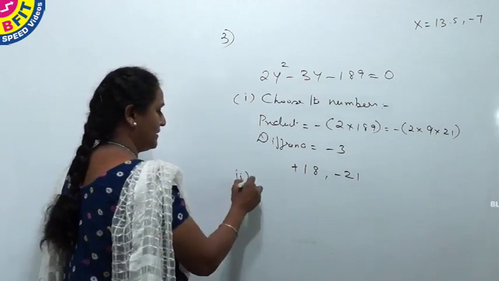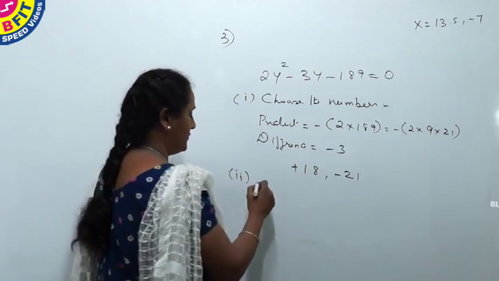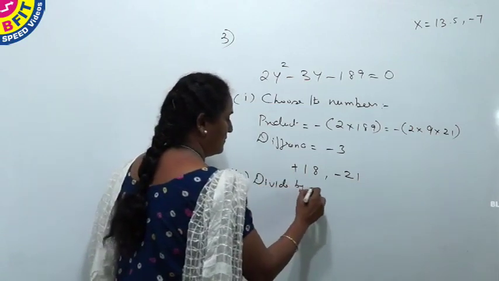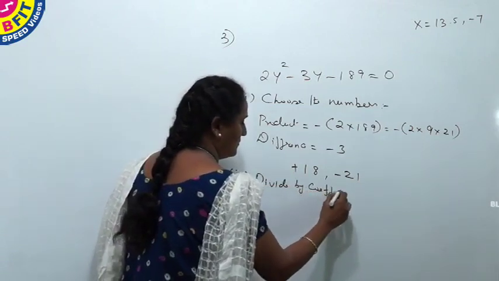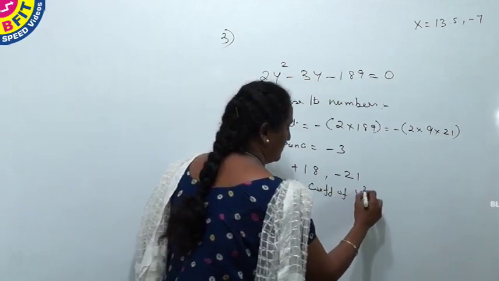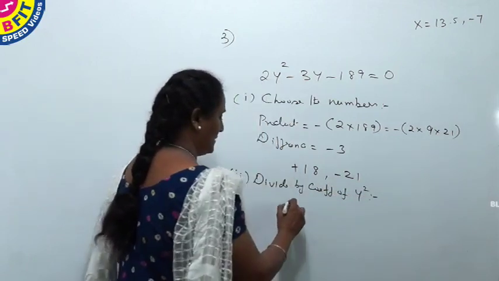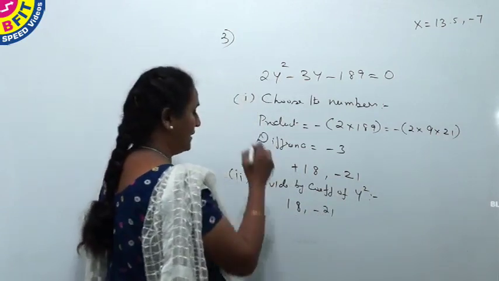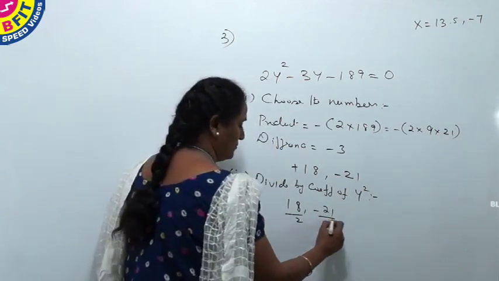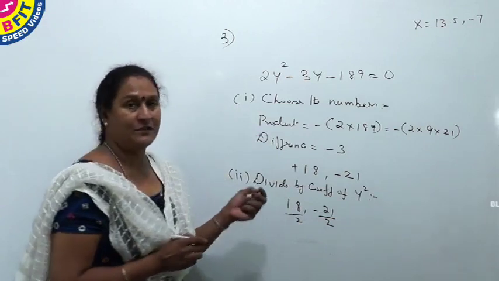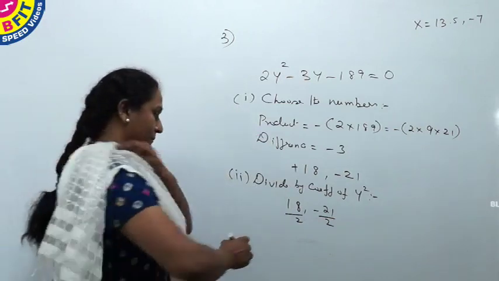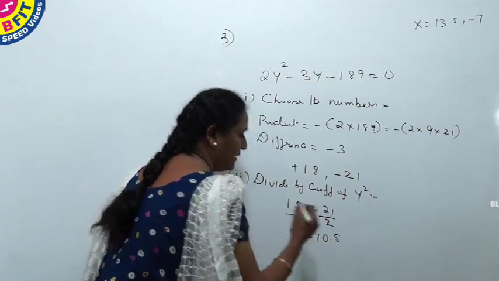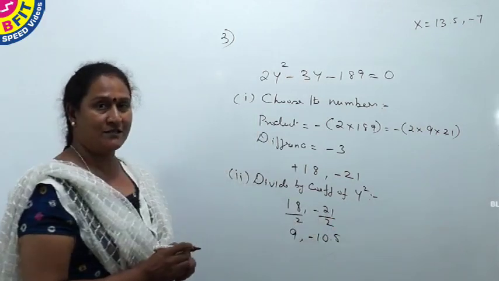So the second step, divide by coefficient of y square. So the numbers 18 and minus 21 are divided by 2, because coefficient of y square is 2. So we get 9 and minus 10.5. Now change the symbols.